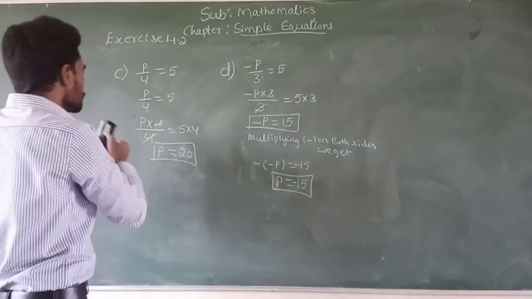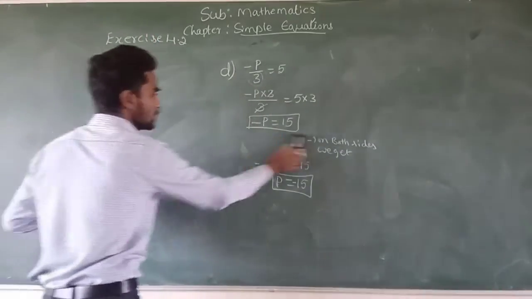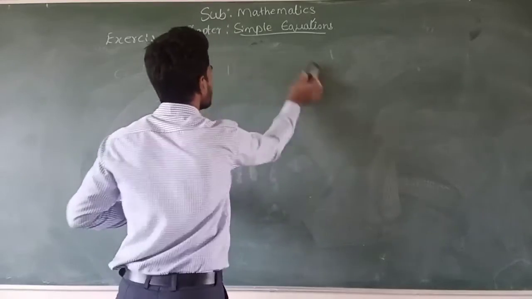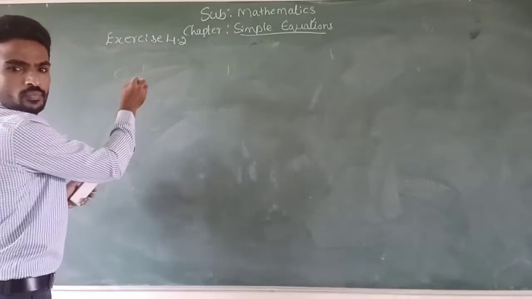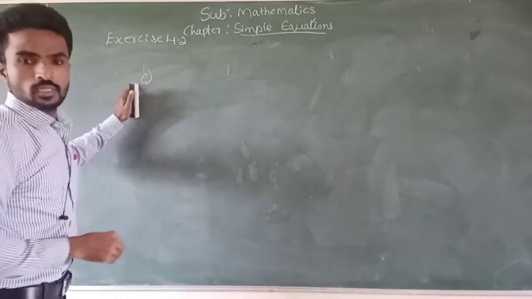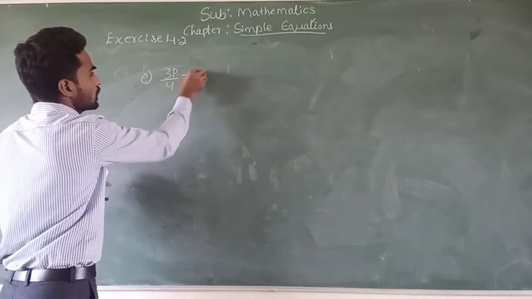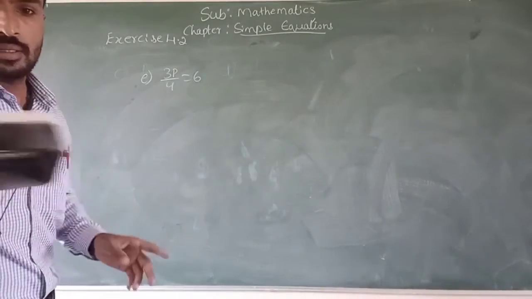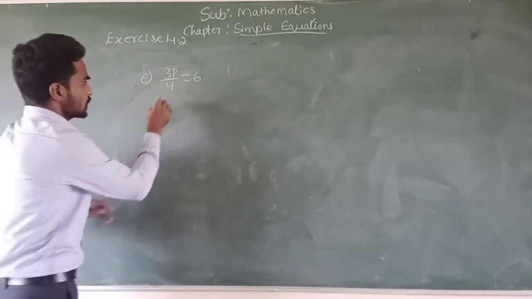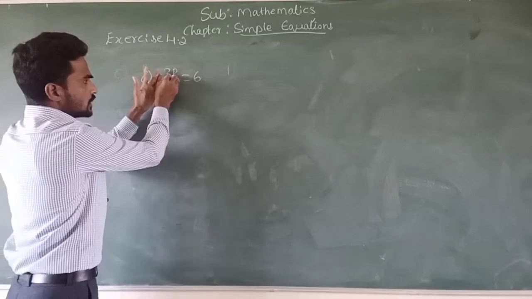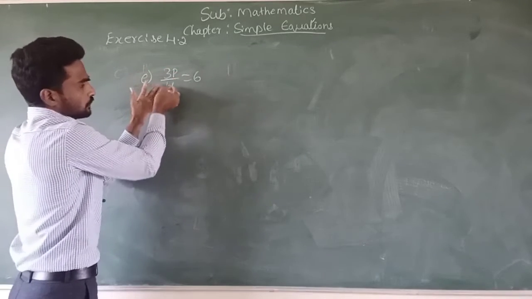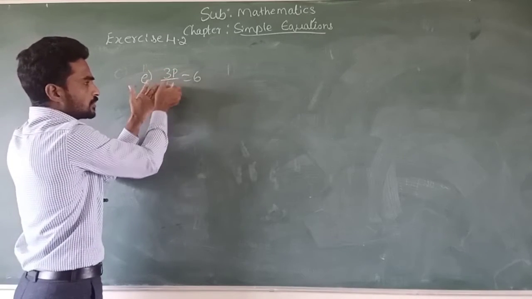Now we are going to solve some more problems in this question. Question E is 3p divided by 4 is equal to 6. Here 3 is the coefficient of the variable p, and this whole term is divided by 4.